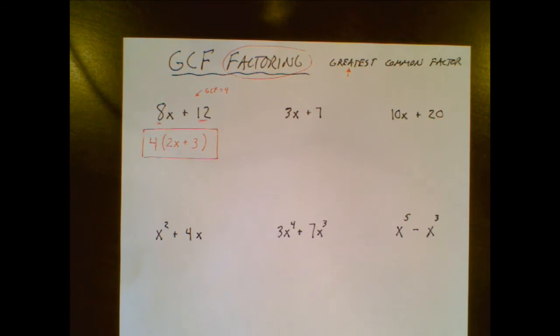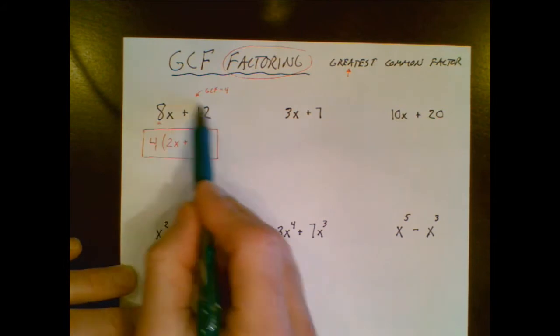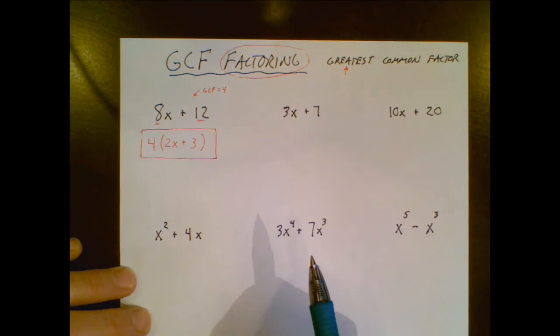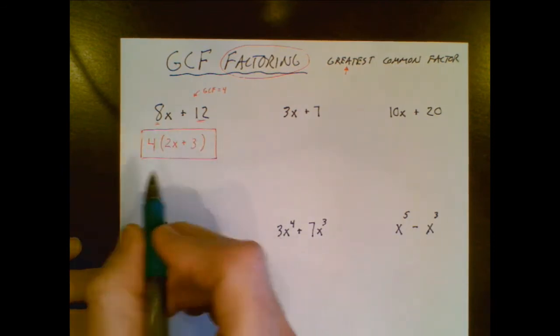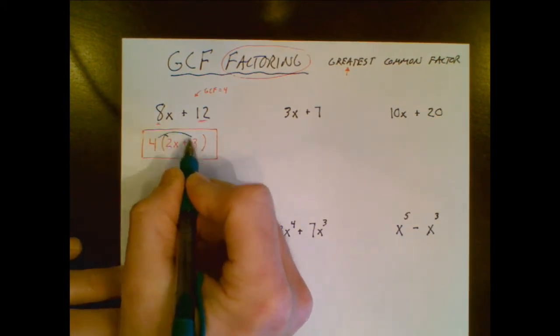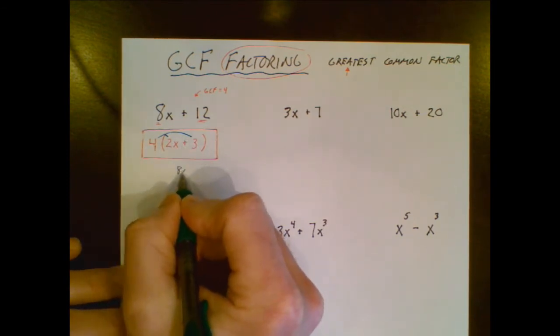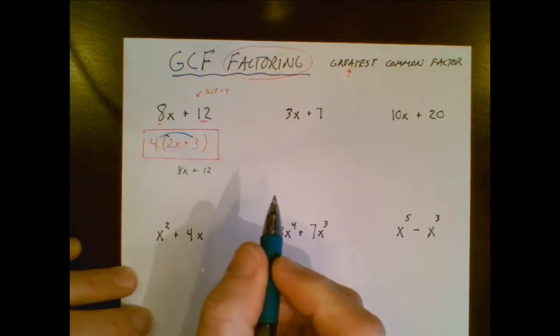But this is probably a little confusing, so let's take a look from another point of view at what's going on. Anytime I've factored something, what I've done is taken this and written it in a different form. Here's how I can convince myself that I'm correct. If I take this problem and distribute the 4, I'm going to scribble down what I would get. 4 times 2x is 8x. 4 times a positive 3 is positive 12.